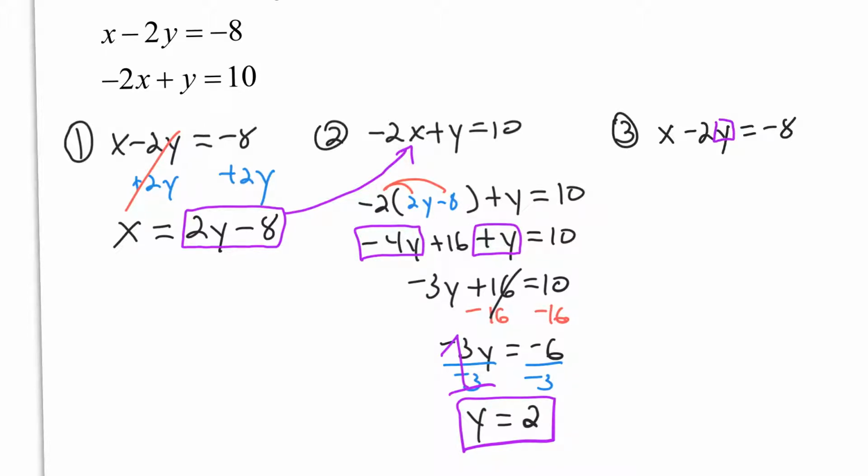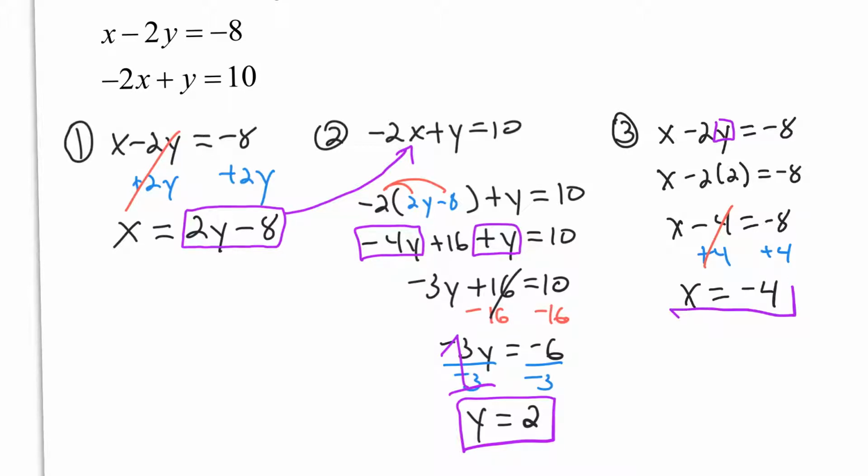That's what we have, y equals 2. So I have x minus 2 times 2 equals negative 8. X minus 4 equals negative 8. You guys add 4 to both sides, and when you add, obviously this cancels. X equals negative 4. So we have the answer.